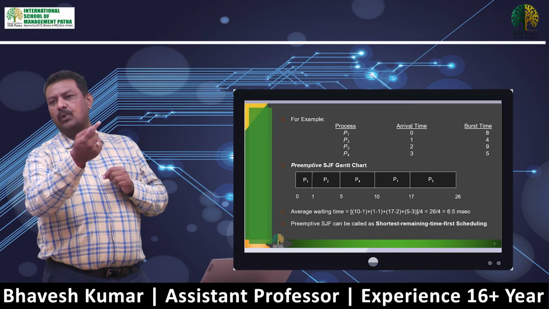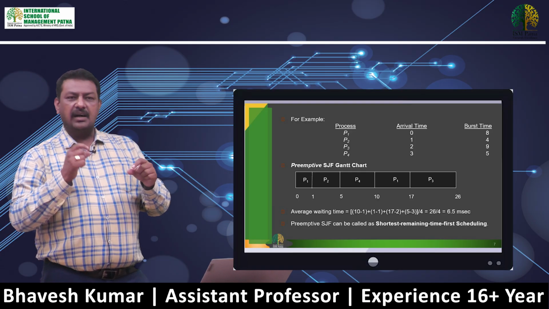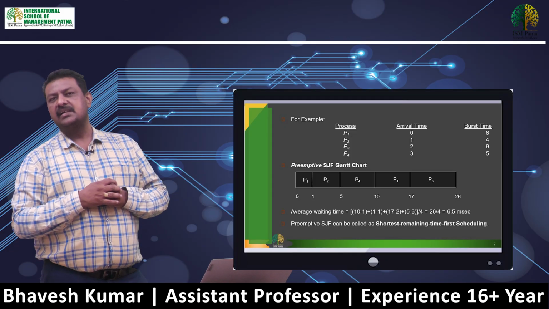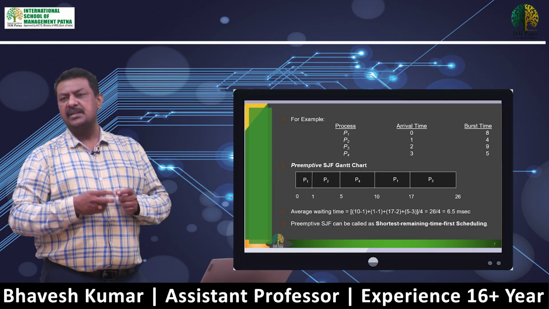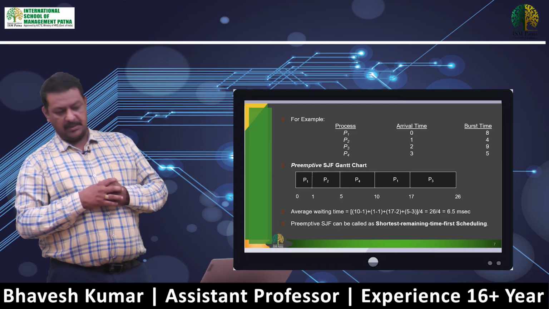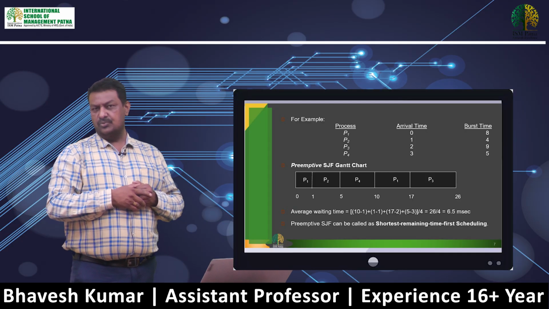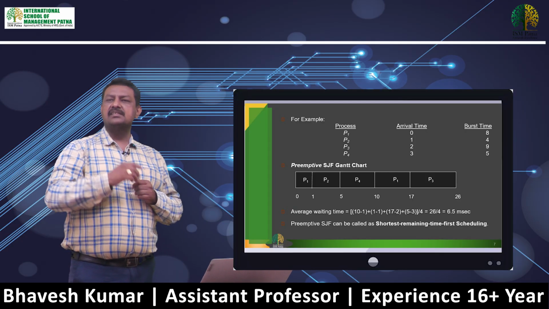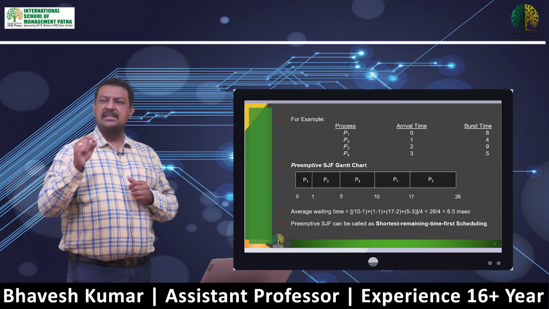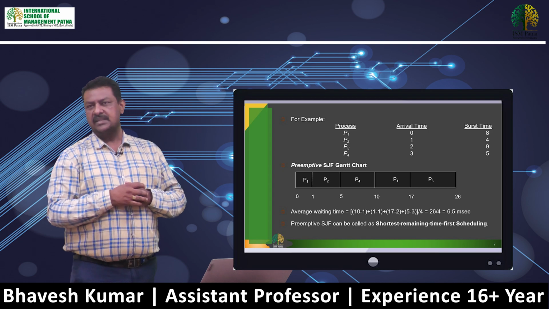It executed for 1 millisecond, and soon after that, another process P5 has arrived into the ready queue, whose burst time requirement is only 2 milliseconds. It means, now if you look at all the processes in the ready queue, P5, the one which has arrived just now, has the least burst time requirement.